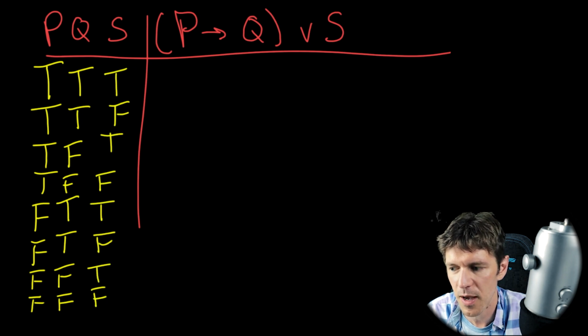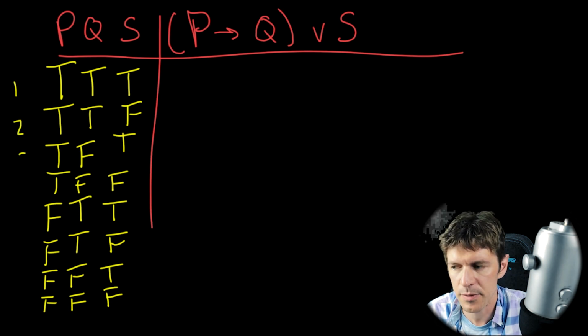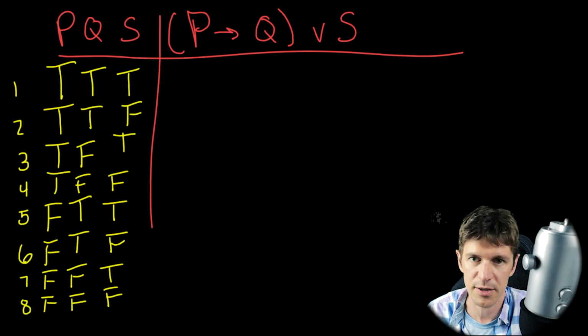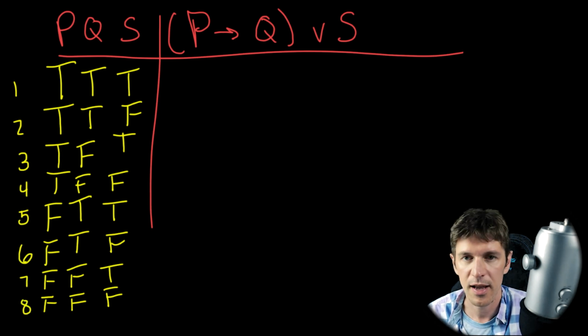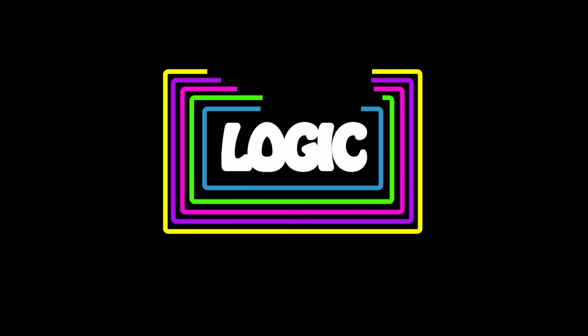We're just repeating this pattern of 1 true and 1 false. This would give us 8 rows, and each one would represent an interpretation, a way of assigning truth values to propositional letters. All 8 collectively would represent every way that true and false can be assigned to these propositional letters. So that's how you set up a truth table.